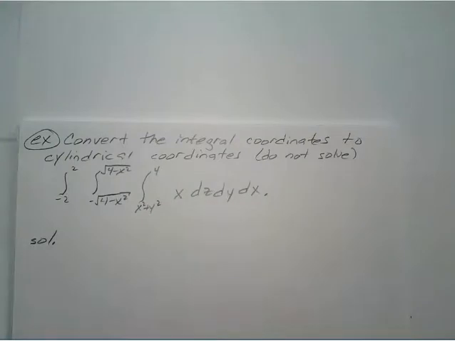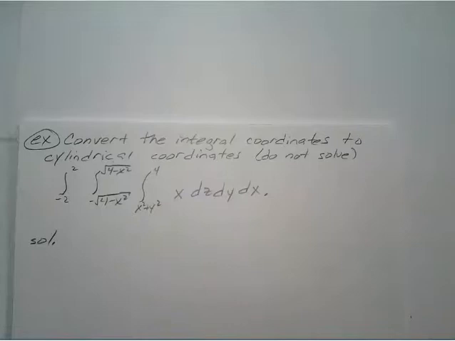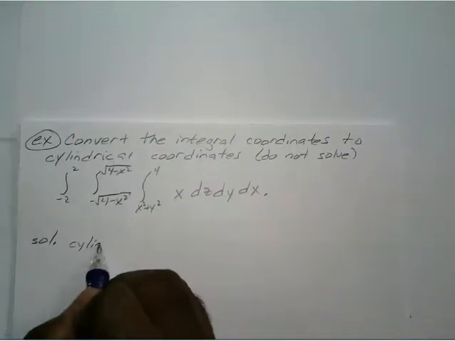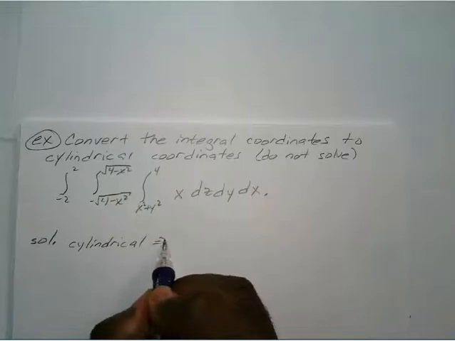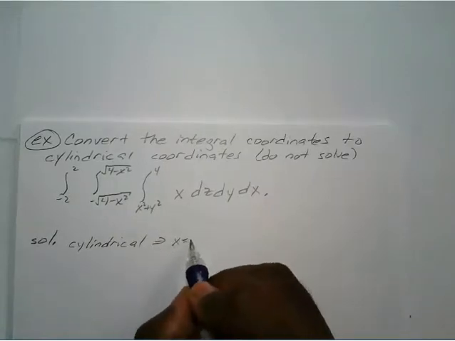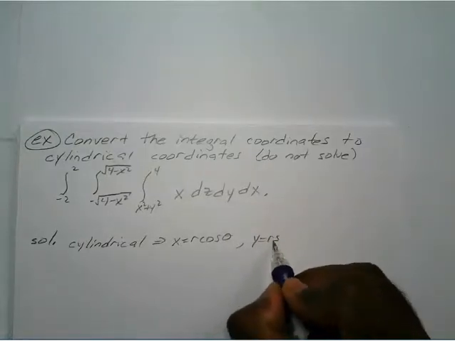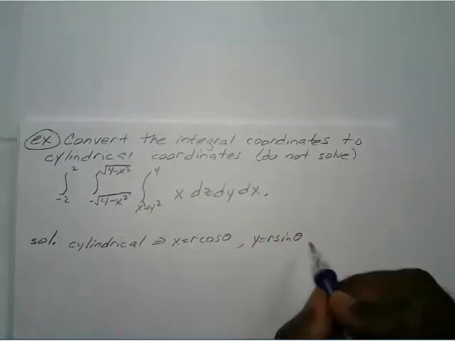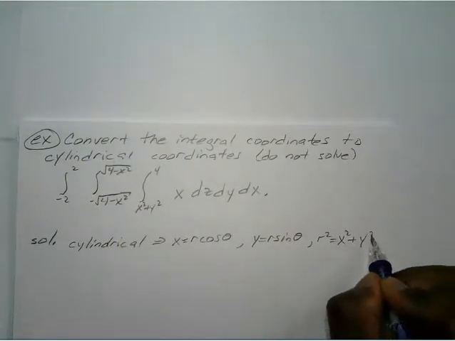So the first thing you want to do, you want to jot down your cylindrical conversion. Remember, that's x equals r cosine of theta, y equals r sine of theta, and r squared equals x squared plus y squared.